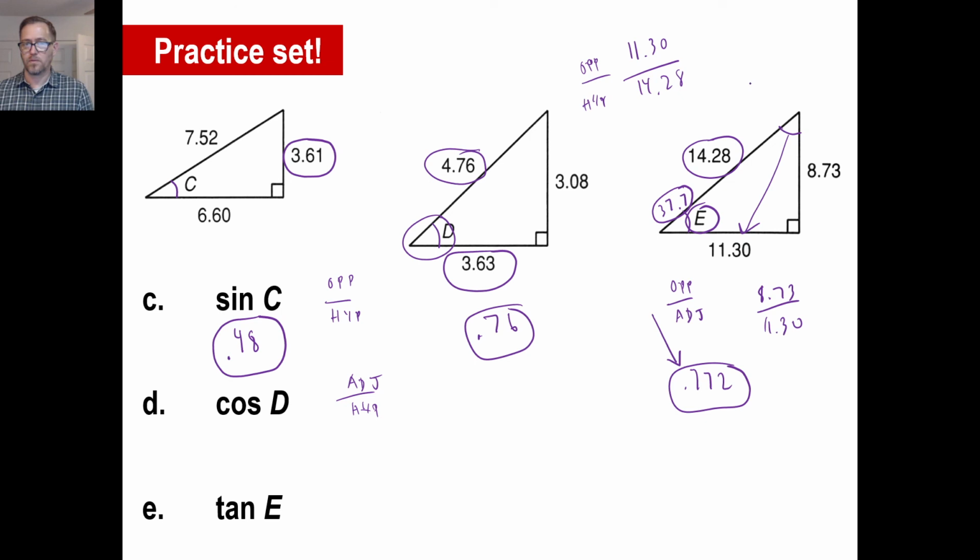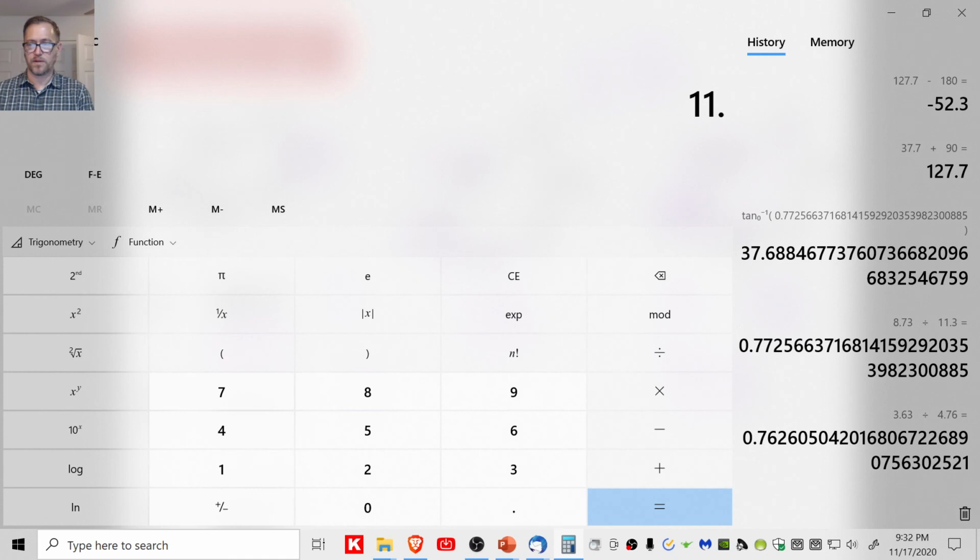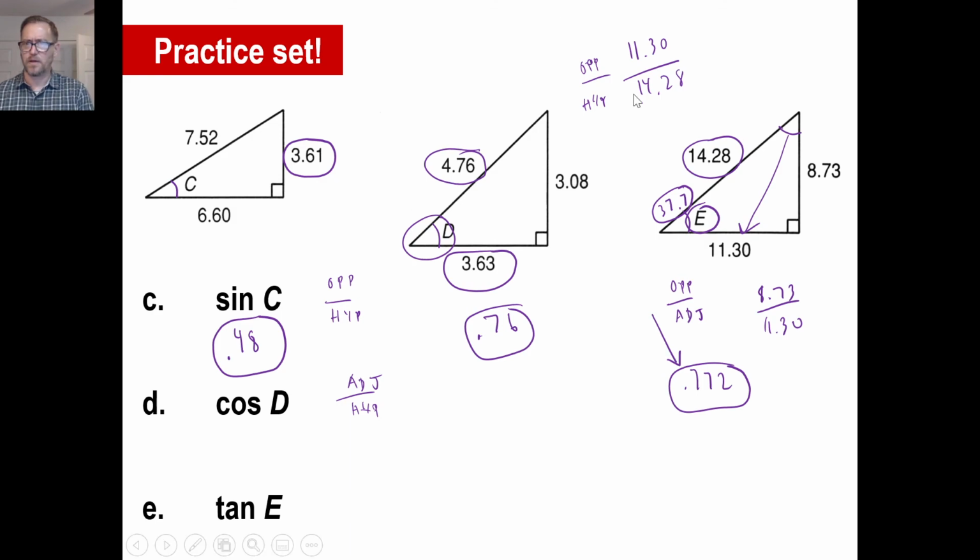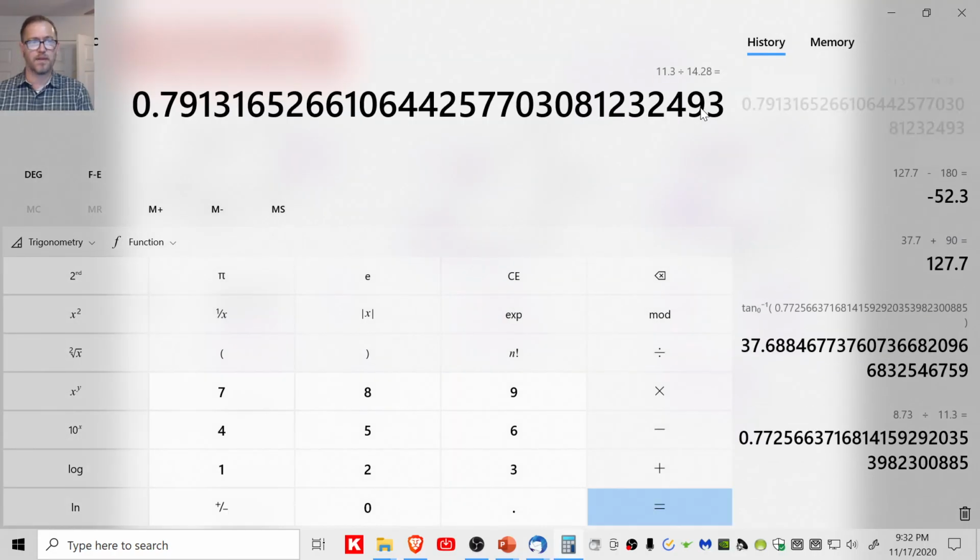Well, what is the definition of opposite over hypotenuse? That's sine. So we're going to figure out 11.3 divided by 14.28. We get that right there.